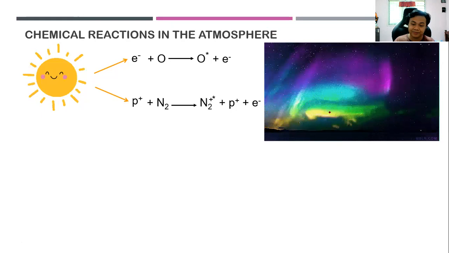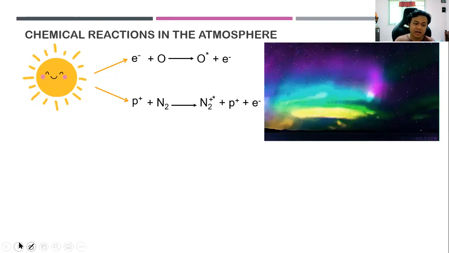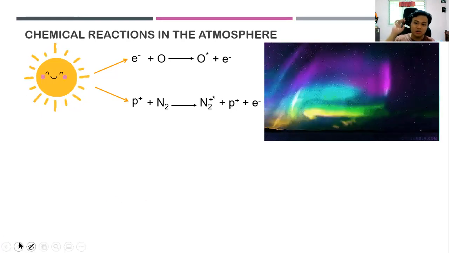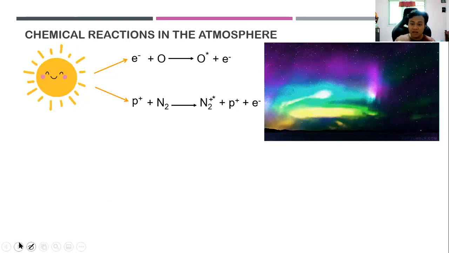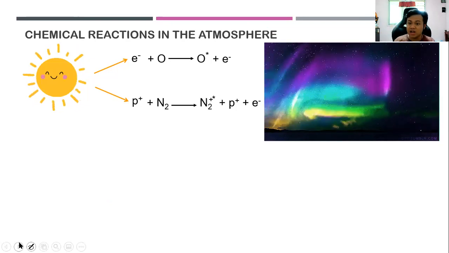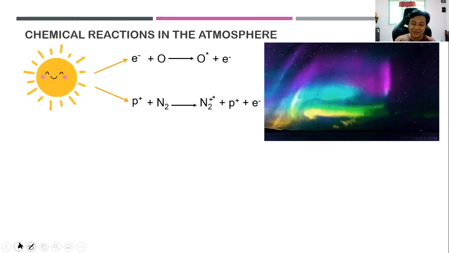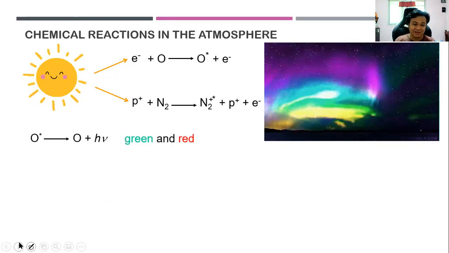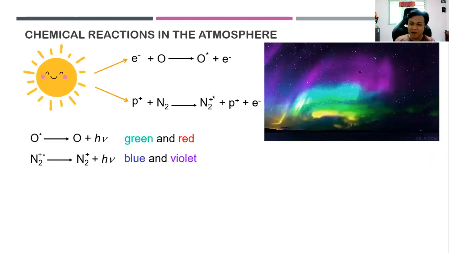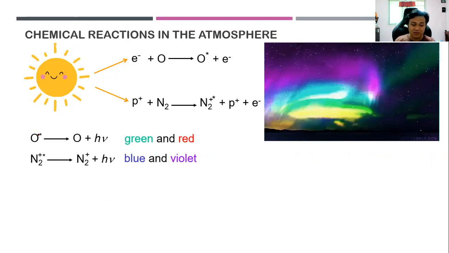This phenomenon can be seen in the northern hemisphere and the southern hemisphere, and unfortunately we cannot see it because we are near the equator. So what are these colors?